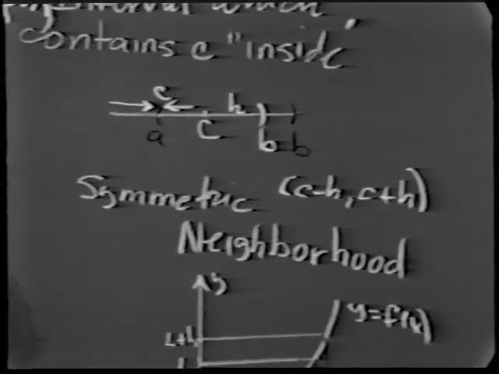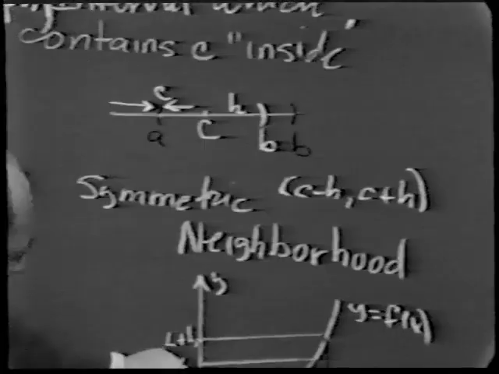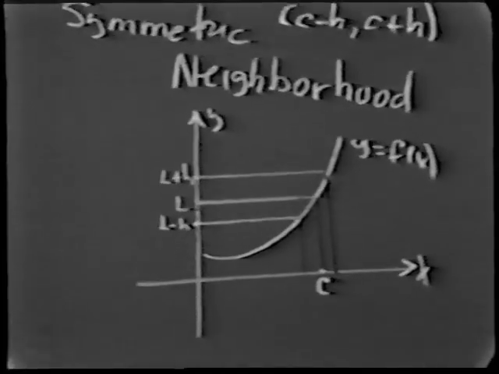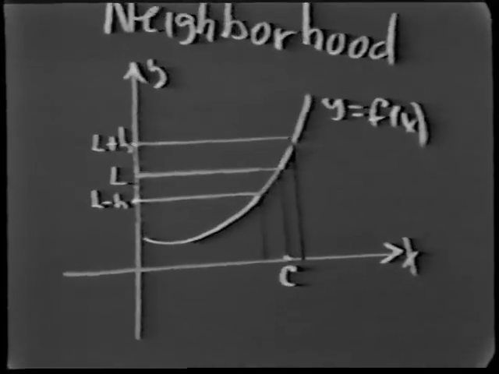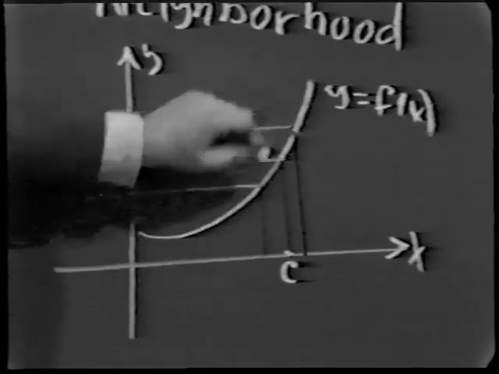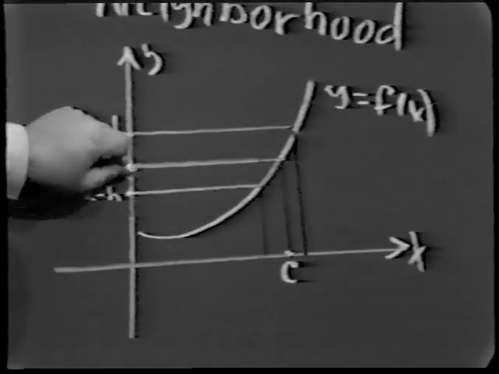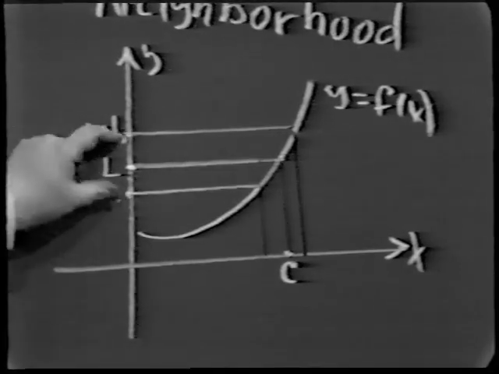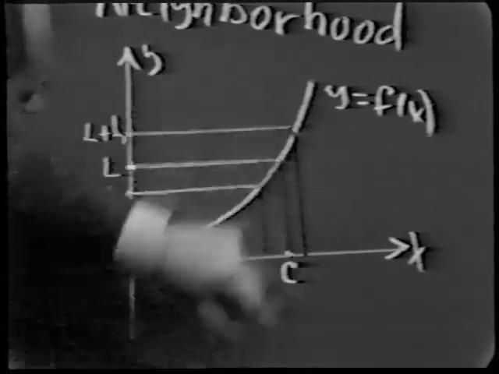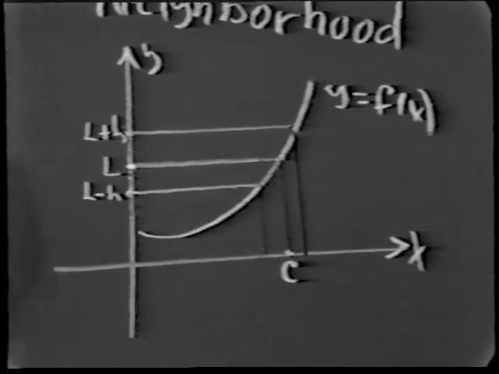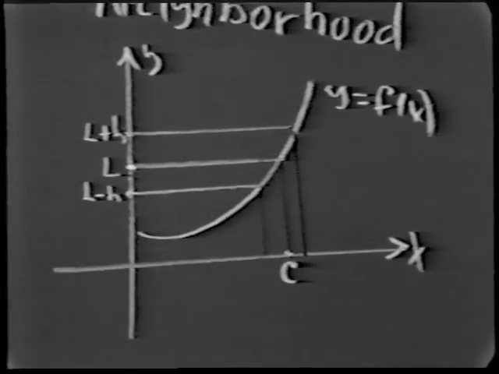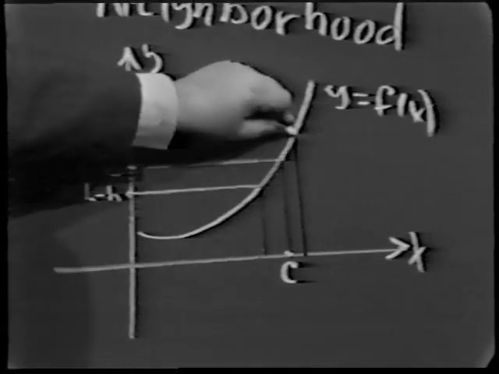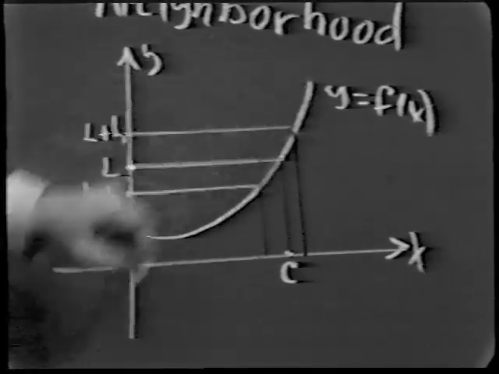And you see, the idea is that when you're looking at what's happening to a function, you may lose symmetry. For example, in this particular graph that I've drawn, notice that at this particular point I've marked off equal intervals on both sides of L. But notice that when I come down here, they do not project onto equal intervals on either side of c. In other words, they would have been if this had been a straight line.